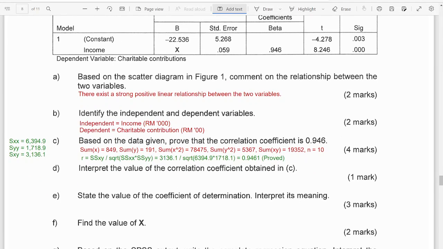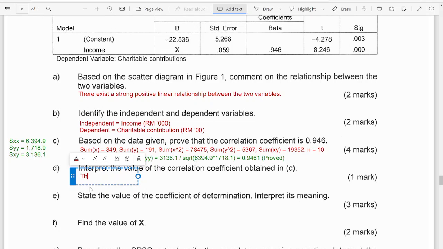And then the fourth one, interpret the value of the correlation coefficient obtained. So you can see that this value is very close to 1, right? So that means there is a very strong positive linear relationship. And then why positive? Because the value is positive, right?